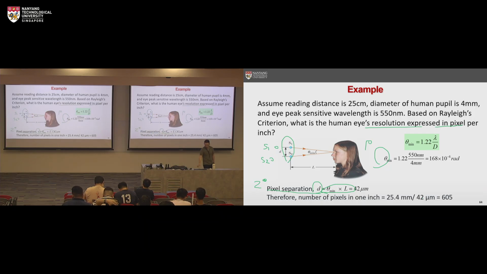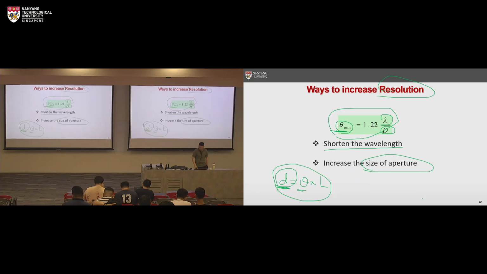All right, so then this will help you to find the resolution. Okay, then please spend a few more minutes at home to think about this slide: how to increase resolution, what parameters contribute to resolution, and what parameters do not contribute to resolution.